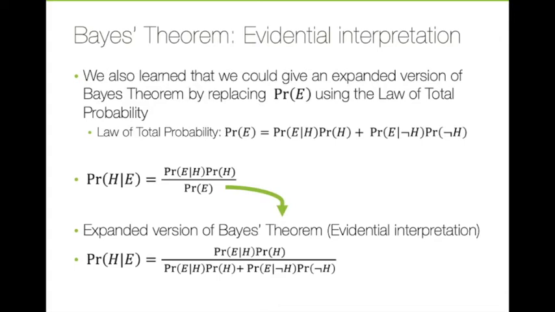To get that, we add together the probability that we see the evidence given that the hypothesis is true times the prior probability of the hypothesis, to the probability that we see the evidence given the hypothesis is false times the prior probability that the hypothesis is false. That becomes our expanded denominator in the version of Bayes' theorem down at the bottom.